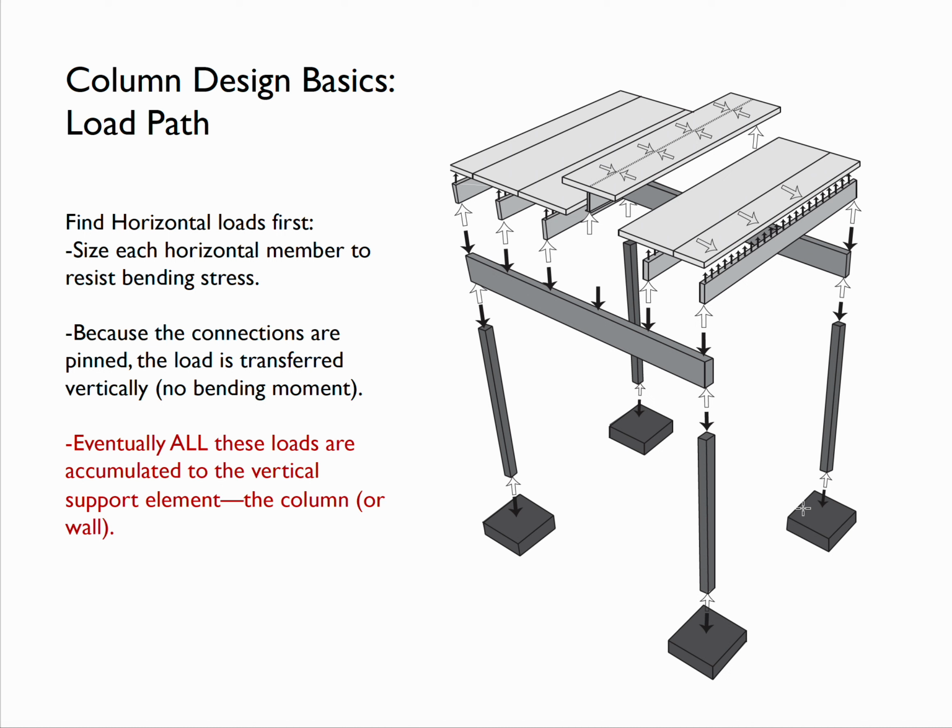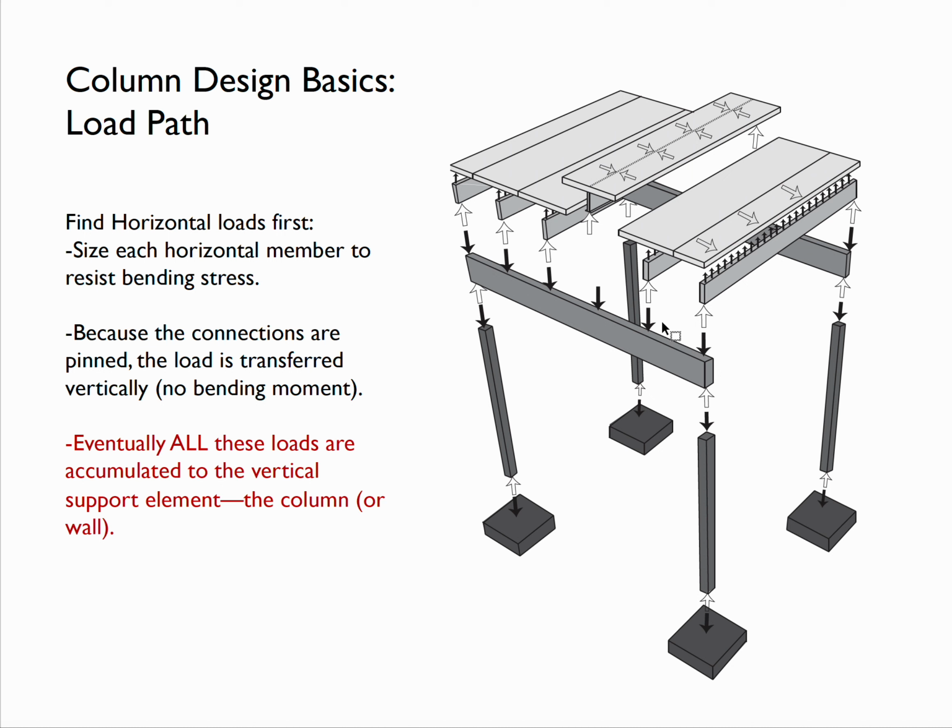There are a couple of basics about the column design load path. As we've been going through for the last few lectures, we want to try to find the horizontal loads first. So we've been talking about how we would size the deck, and then the purlins and the girders. Because these are pin connections, the load is transferred vertically. Thus, you can see the arrows that are straight up and down.